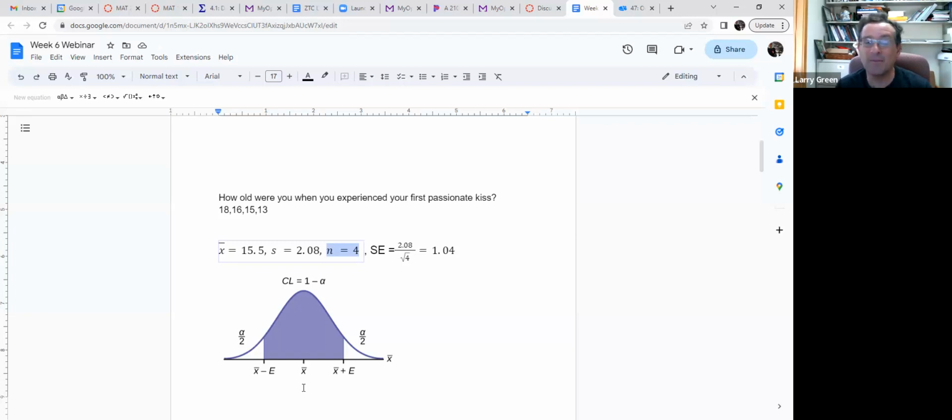So we're going to pop that in the middle. Then we're going to ask: how far from X bar might you need to go so that you're pretty confident that the population mean is within that interval? Any questions on that?